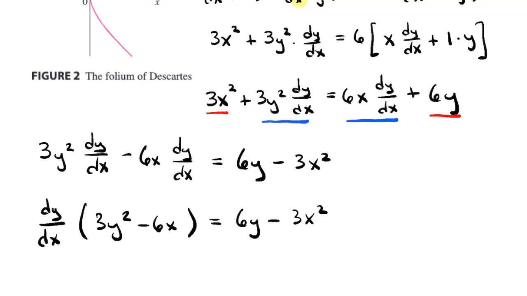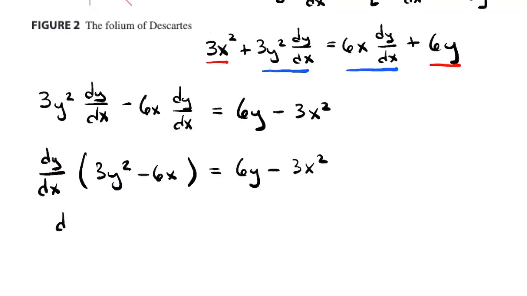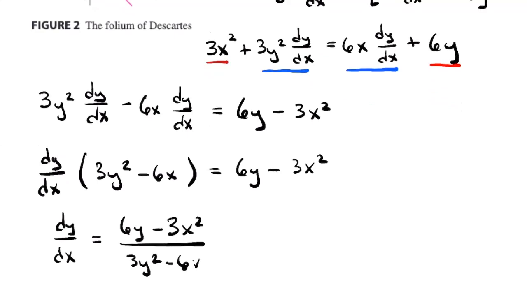The last step is just to divide. So dy/dx is the quantity 6y minus 3x squared over 3y squared minus 6x. And if you want, everything there is divisible by 3, so we could simplify this a little bit.